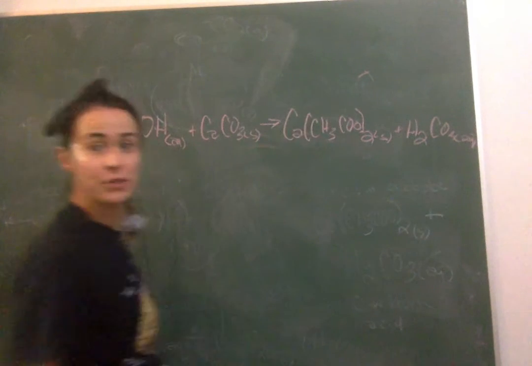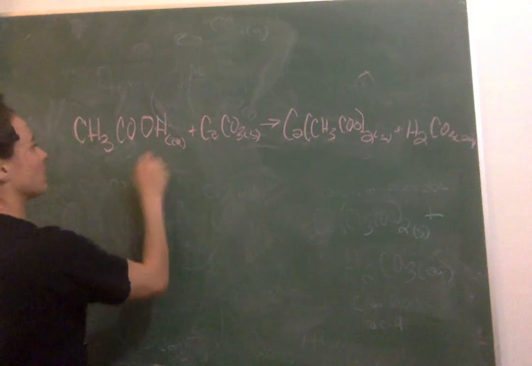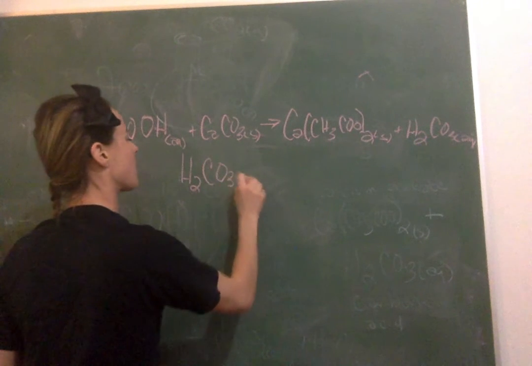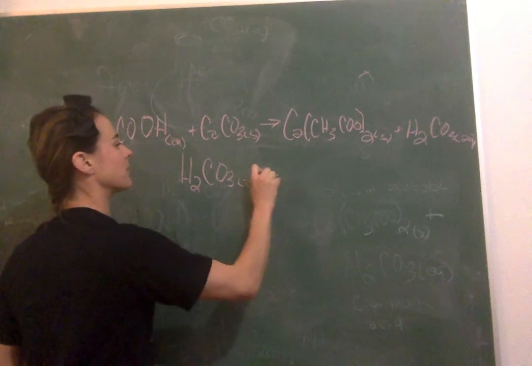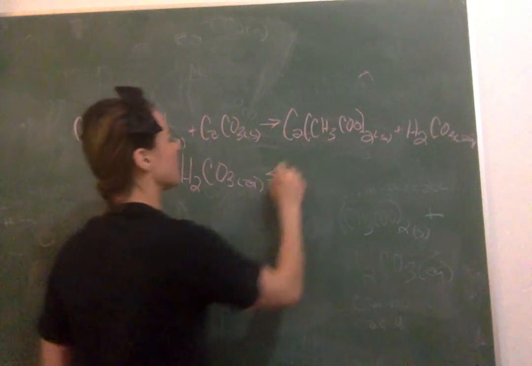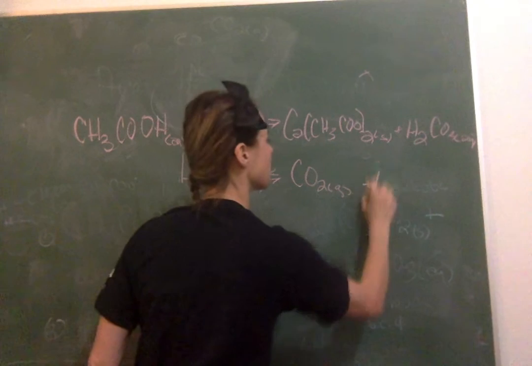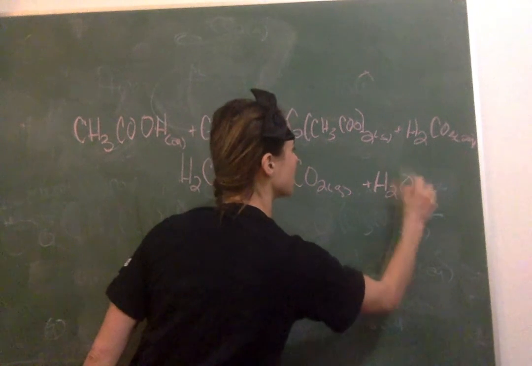Step 2, the carbonic acid breaks down. So we get H2CO3, and that's in an equilibrium. That's why we have the backwards arrows. And that's turning into carbon dioxide as a gas and water as a liquid.